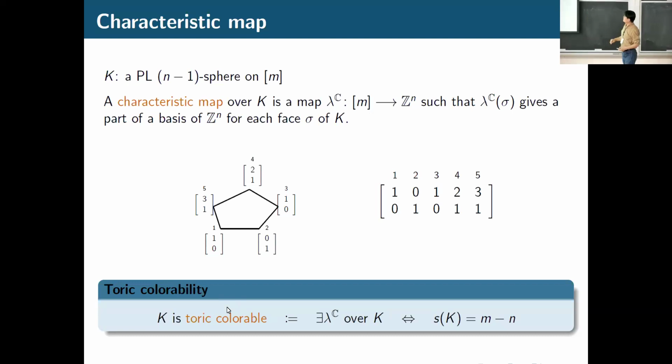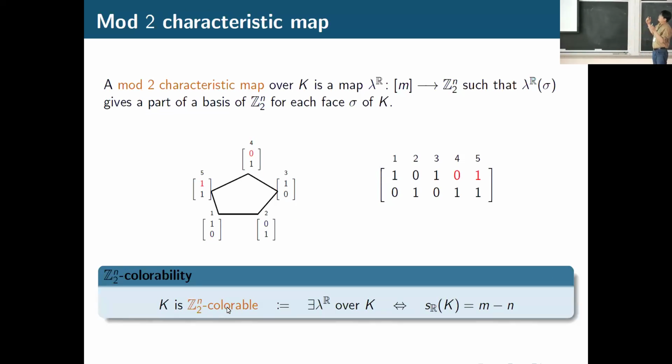Similarly, the maximality of the real Buchstaber number can also be detected by the existence of a mod 2 characteristic map. A mod 2 characteristic map is defined similarly: it is a map from the set of vertices to Z_2^n satisfying the non-singularity condition. So this is an example. If K admits a mod 2 characteristic map, then I call K Z_2^n colorable.